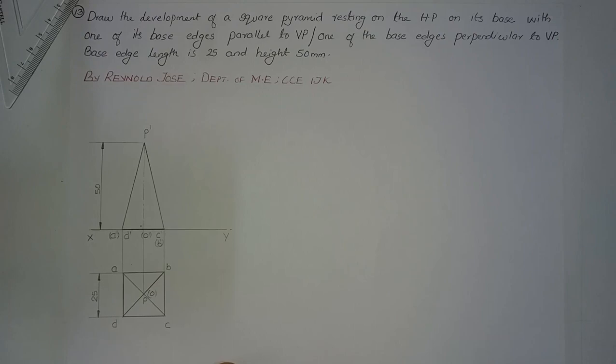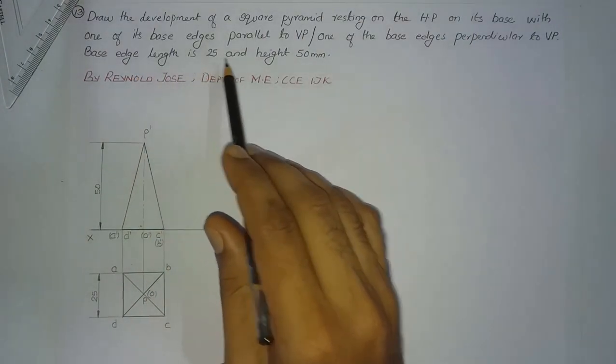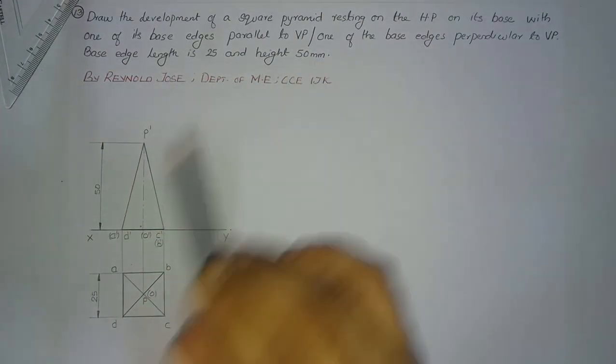When it comes to drawing the development of any solid, the very important point to remember is that all the dimensions or all the lines drawn in the corresponding development must have their true length. Here we are provided with the actual length of the base edge, which is 25, and the height is also given as 50.